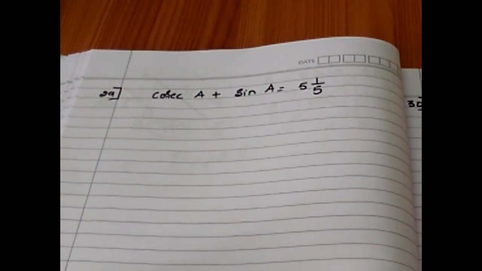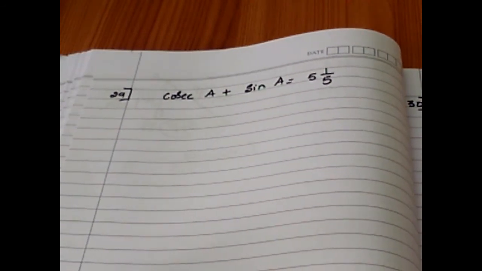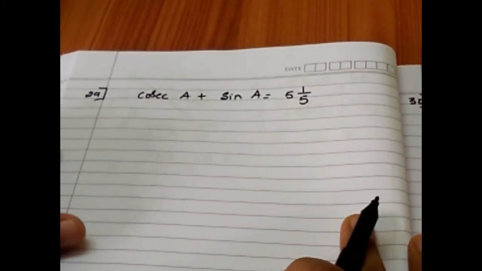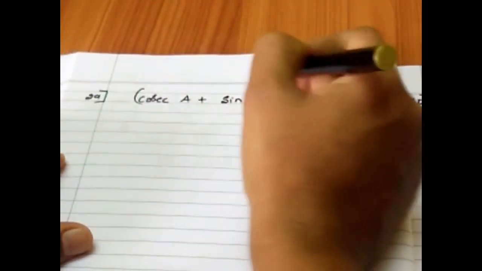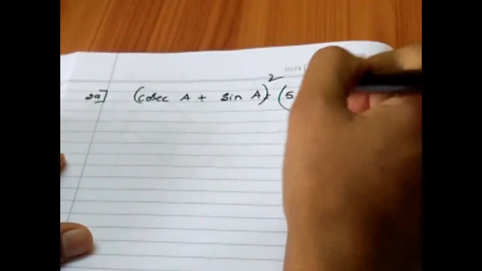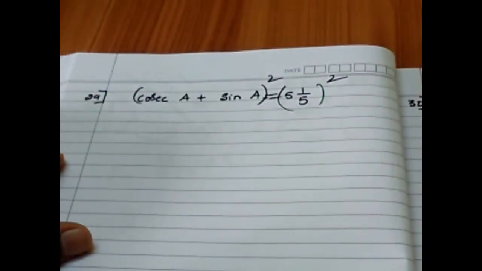Let me move on to question number 29, where the given value is cosecant A plus sin A is equal to 5 1 by 5. We need to find the measure of cosecant square A plus sin square A. So let me do square on both sides.